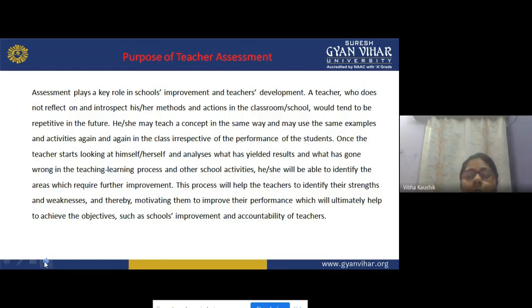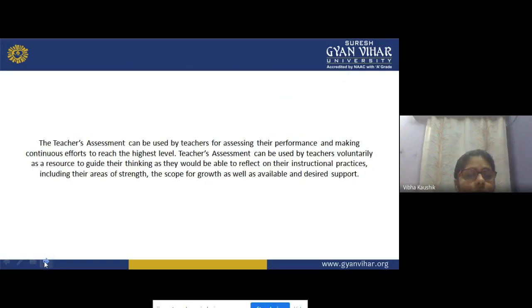This process will help the teachers to identify their strengths and weaknesses, thereby motivating them to improve their performance. And the teacher assessment tool will help them improve their performance, which will ultimately help to achieve the objectives which they have framed, such as school improvement and accountability of teachers.